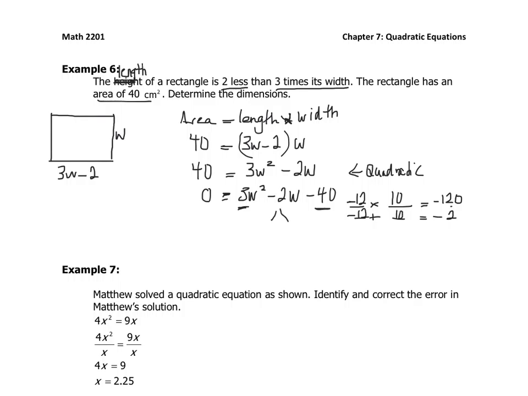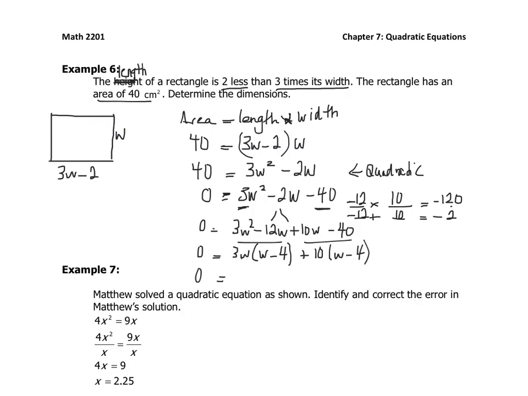So if you break down the middle term, you get 3w squared minus 12w plus 10w minus 40, and then group the first two and the last two. 3w is a GCF, leaving w minus 4 inside, and 10 is the GCF of the next two terms, leaving w minus 4 inside. That gives factors of w minus 4 and 3w plus 10, so two solutions.